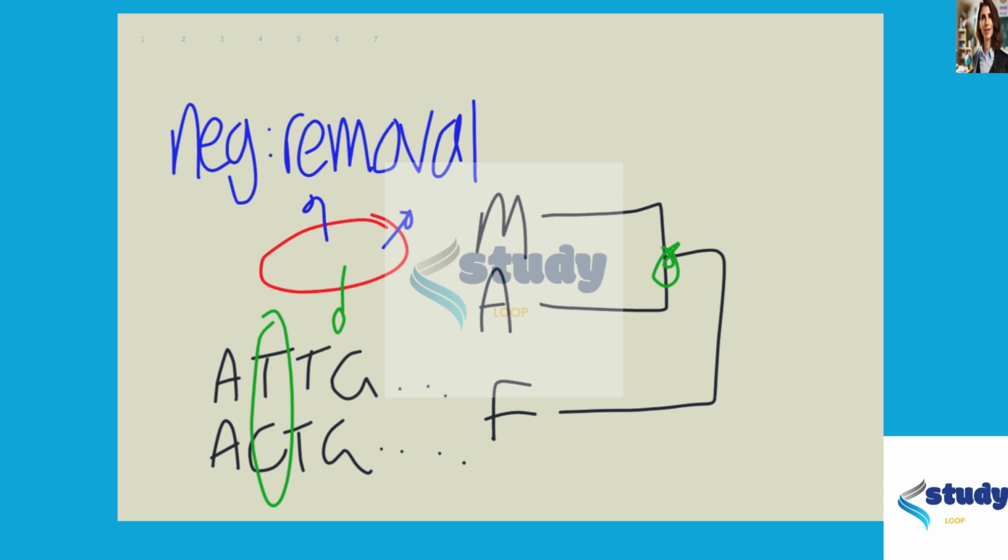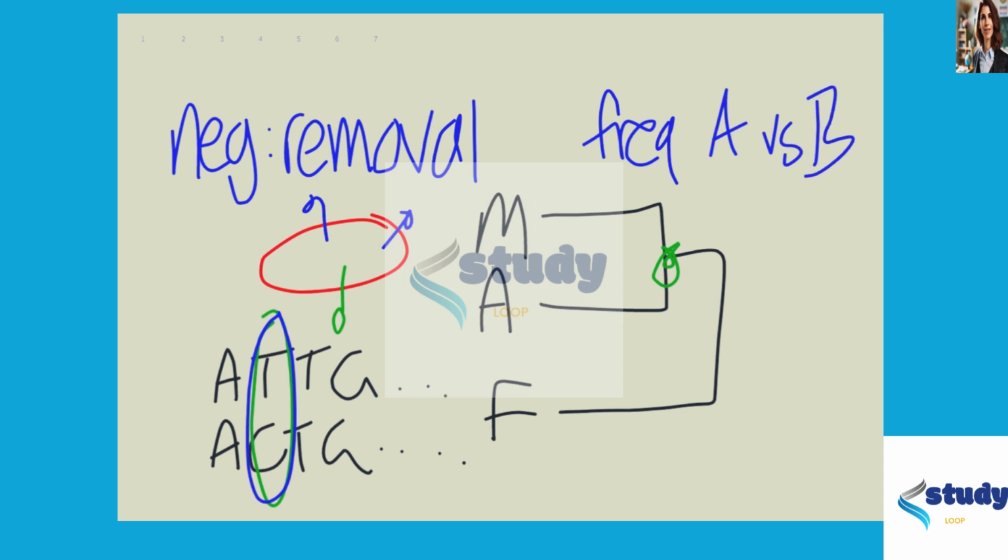But if we are investigating just A and B blood types, then we would need perhaps a little bit more data. Okay, so with the A and B blood types, we would want to look at the frequencies of the A type versus the B type over time. And if you see that there was a time when one didn't exist, right?